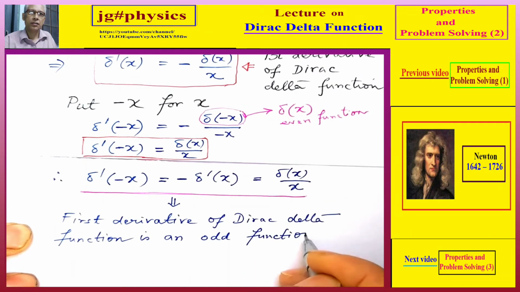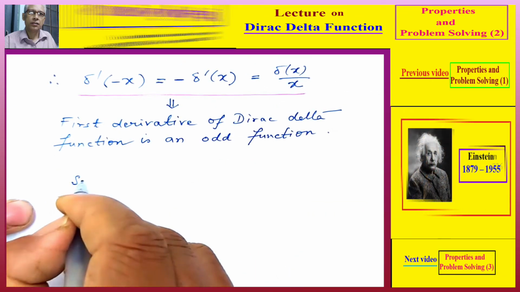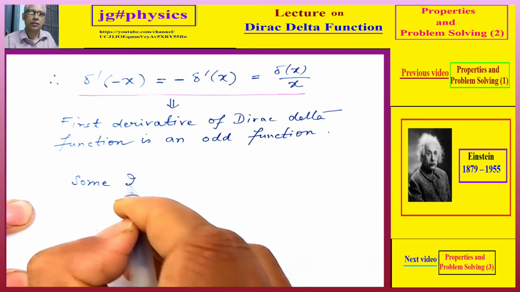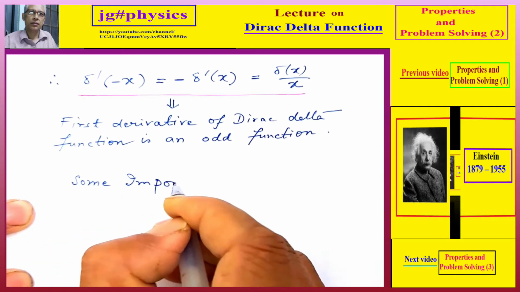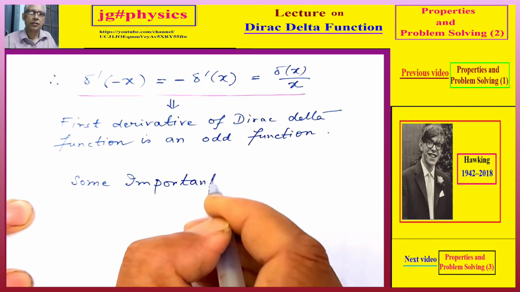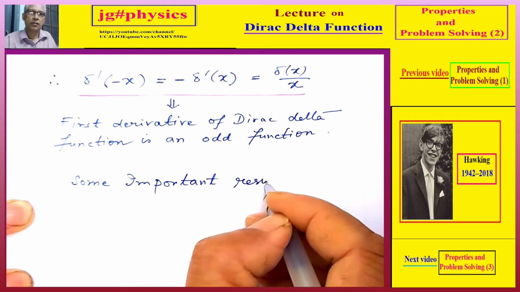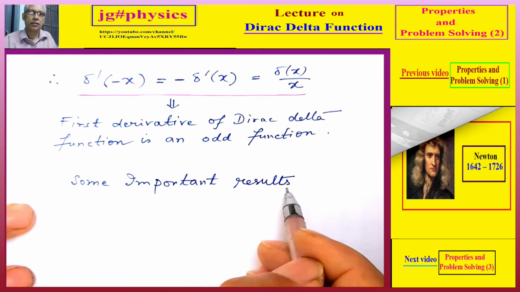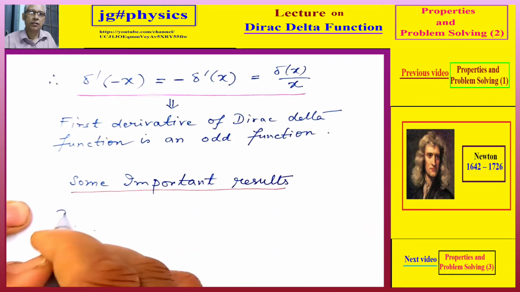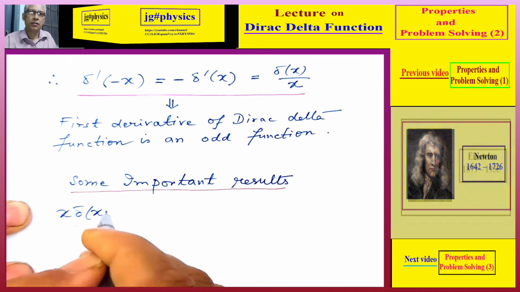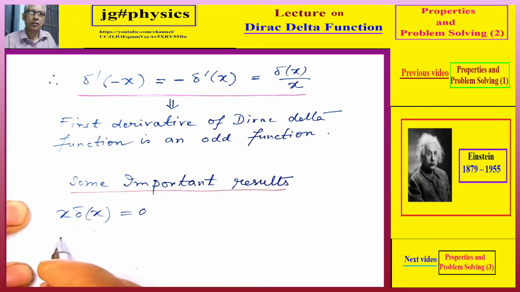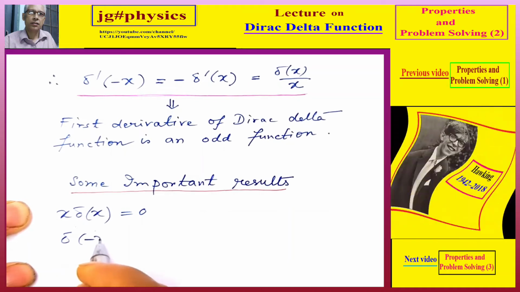Let us now summarize some important results that we have got, and they are as follows. x delta of x is 0 always. Delta of minus x equal to delta of x.